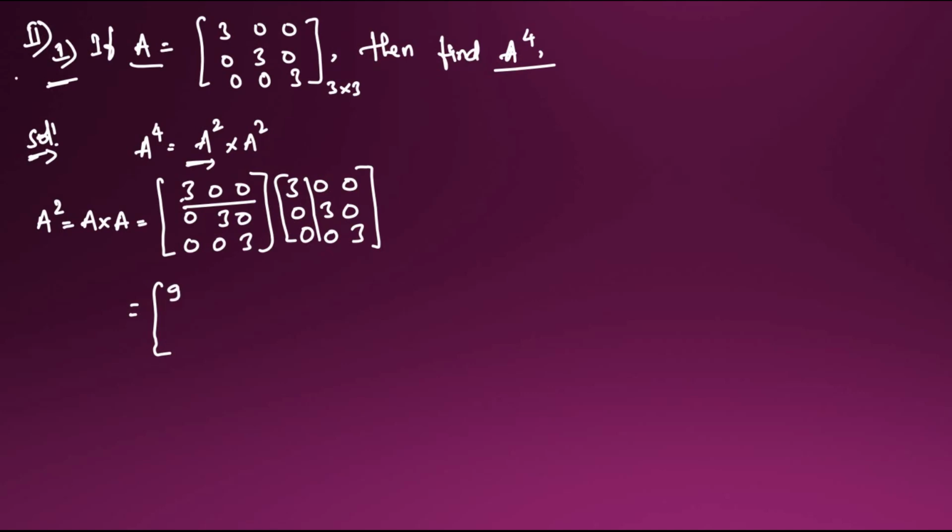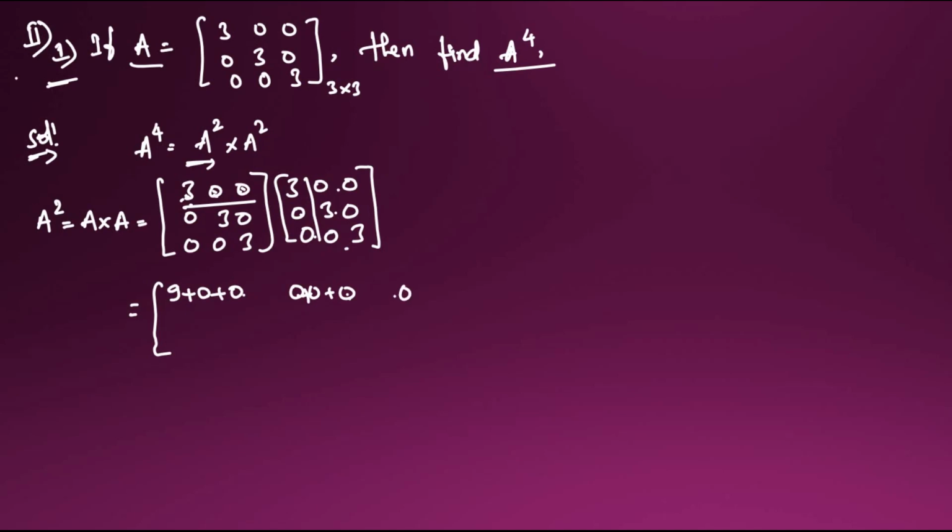So 0 into 0 is 0, plus 0 into 0 is 0. Again 3 into 0 is 0, and 0 into 3 is 0, plus 0 plus 0. Again 3 into 0 is 0, and 0 into 0 is 0. Again 0 into 3 is 0, and 3 into 0 is 0.